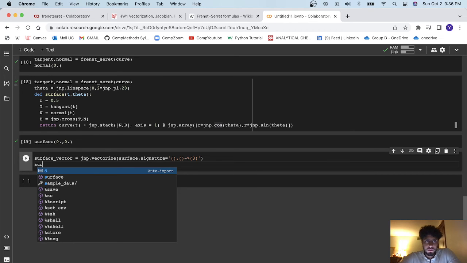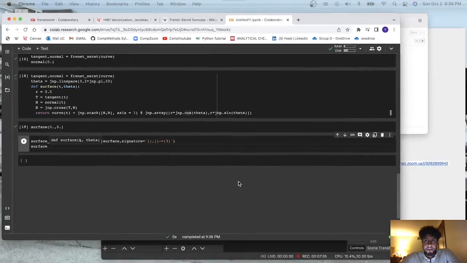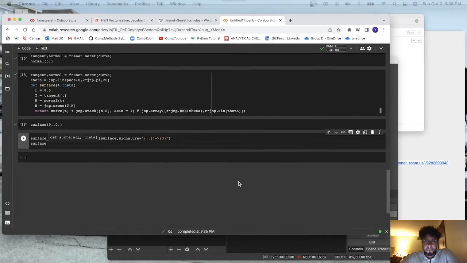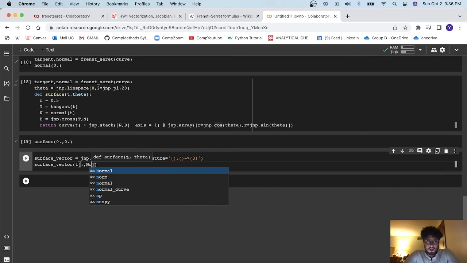So the surface. I'm just making sure I'm recording. So the surface, okay, we need to rename it the same thing we had before. Surface equals vector. Now we're going to call it at the time t. We're going to give it initial values starting from 0 all the way to none.